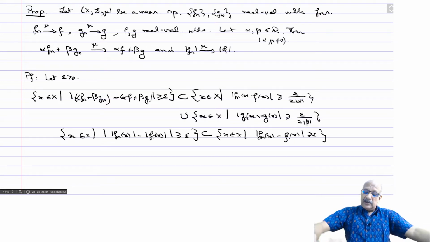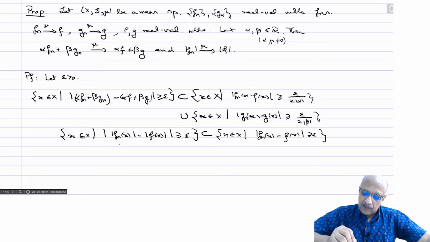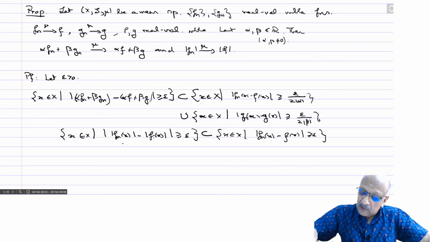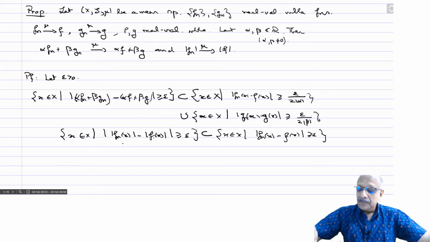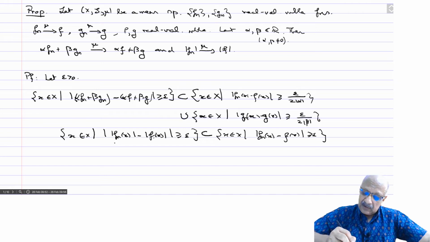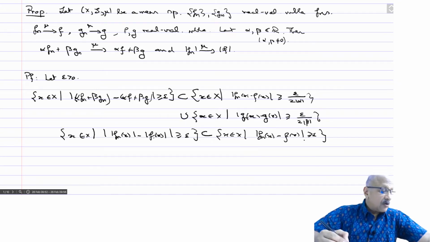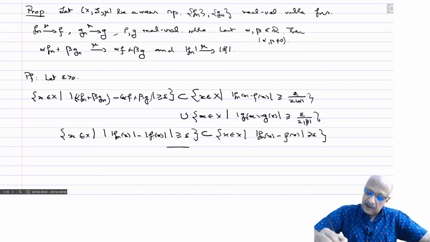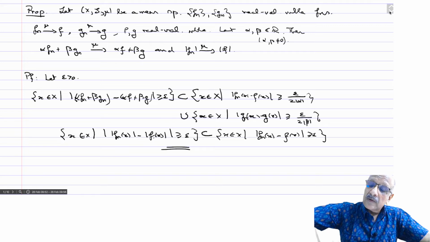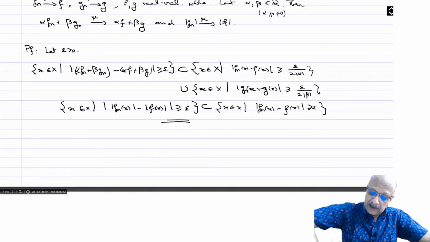This again is by the triangle inequality, mod of mod A minus mod B is less than or equal to mod of A minus B. So if this is greater or equal to epsilon, this will also be greater or equal to epsilon. So from these two, the result follows immediately.